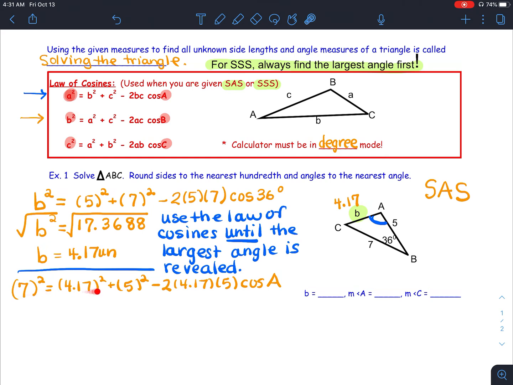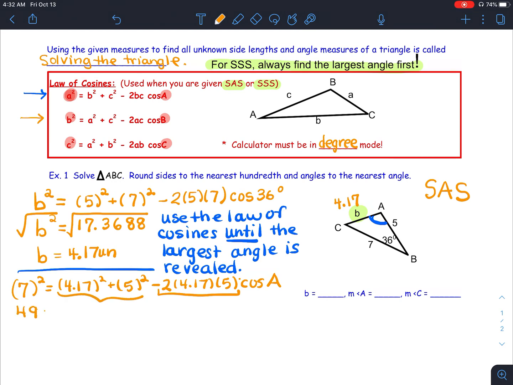Now this is going to require a little bit more algebra than what I had to do up here, because up here when I was finding side B, the variable was almost by itself on the left. Here, there's a lot of other things attached to this A. I want to make sure you're careful here. All the stuff directly in front of the A is attached to cosine A by multiplication. So what we're going to want to do next is square the 4.17 and square the 5, and add those two together.